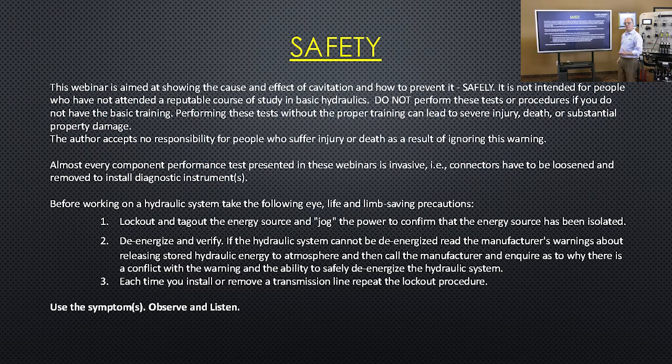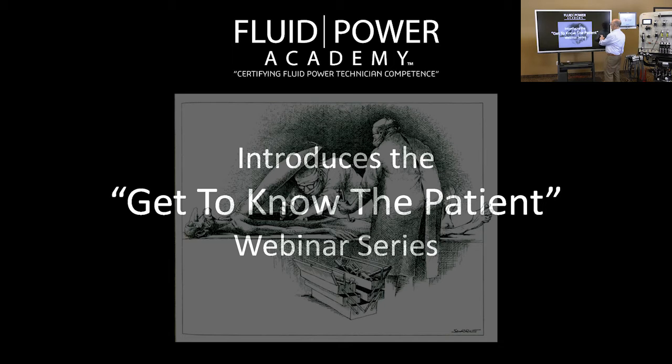Never ever remove a connector, loosen a connector, or remove a component without verifying that there is no stored energy within that leg or branch of the system. Next, each time you install or remove a transmission line, repeat the lockout procedure. And always use the symptom, observe and listen to the operator.